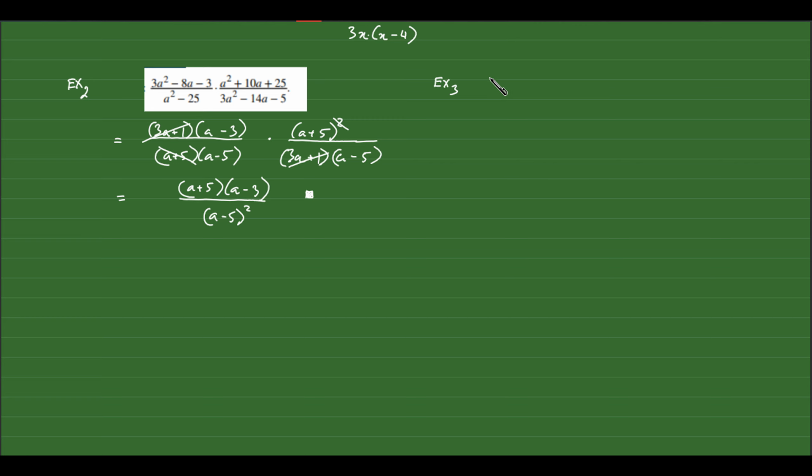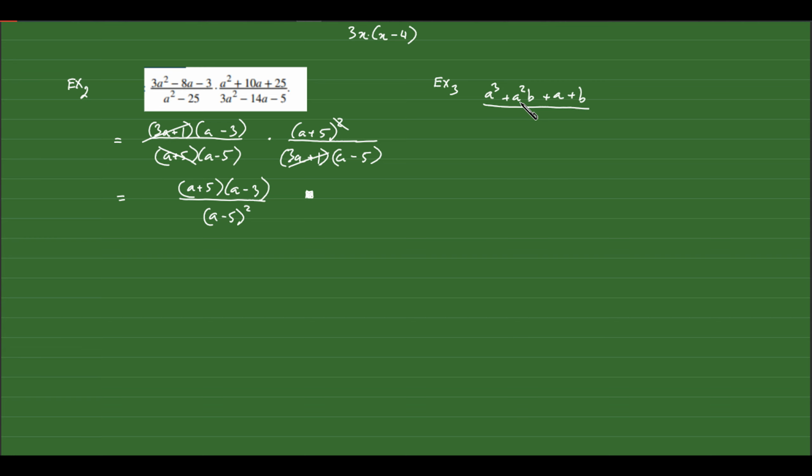So I have a cubed plus a squared b plus a plus b, over 6a squared over 2a squared minus 2b squared. You see, this one has 4 terms, and every time we have 4 terms, think about grouping.